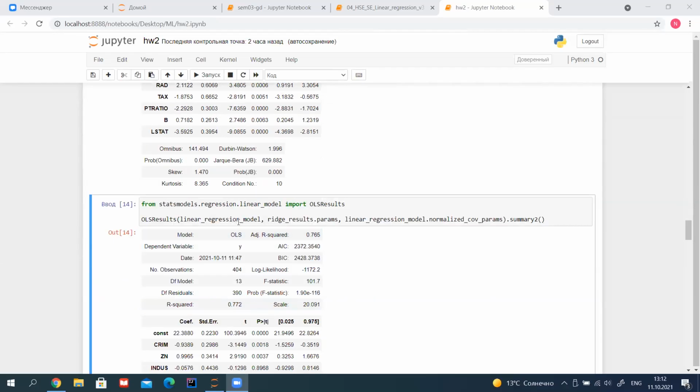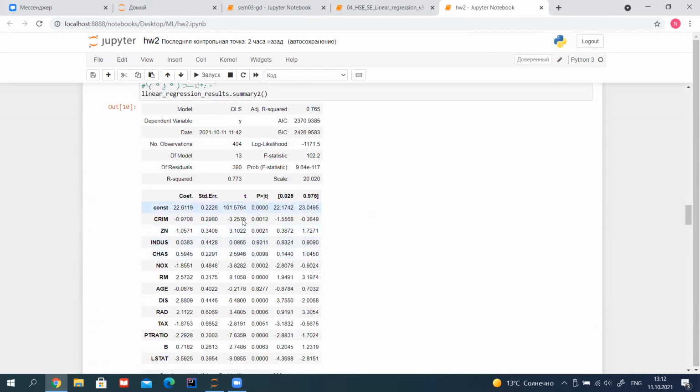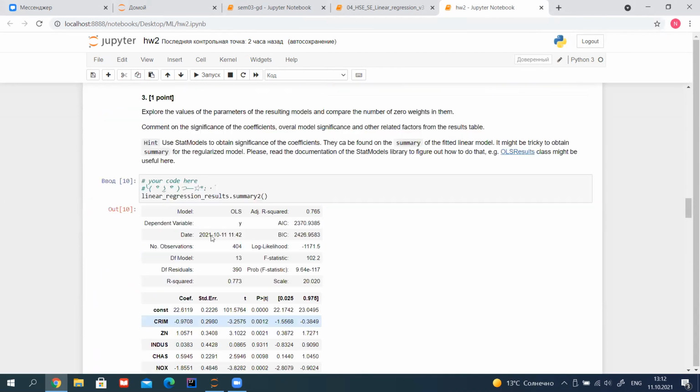So here's what I decided to do. I decided to use this class as it is said, but I don't clearly understand how it works, as I give there the original model, then I give the parameters of ridge, because those parameters are already built in the model.